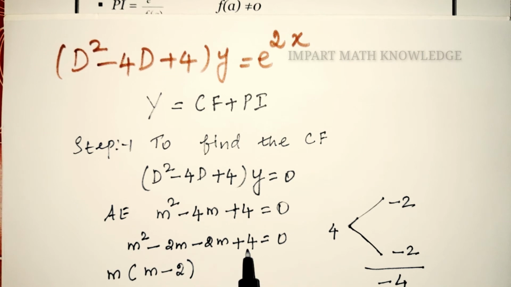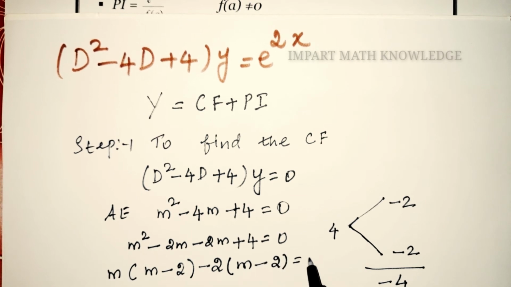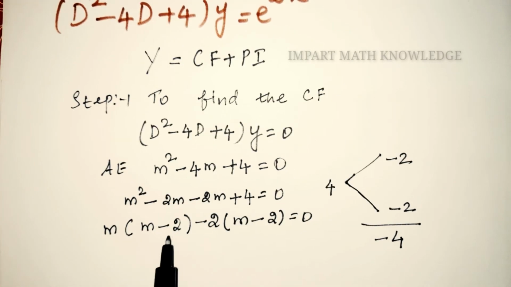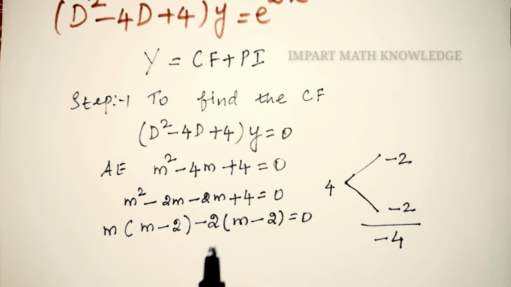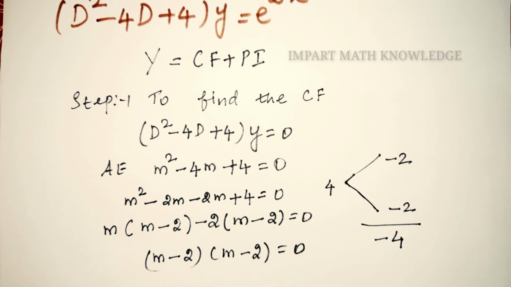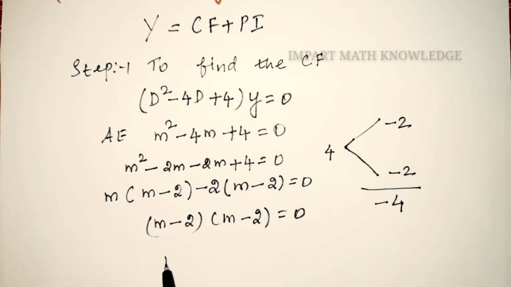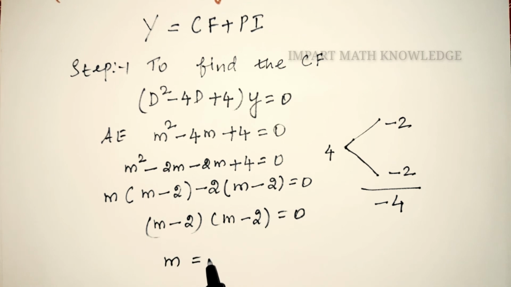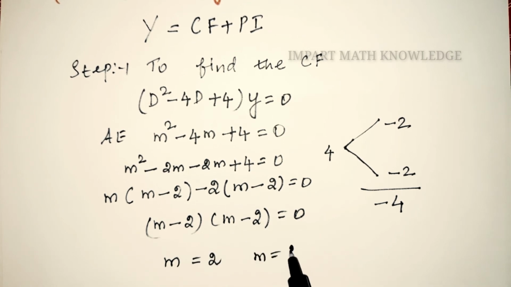In the third and the fourth term, minus 2 is common, take it outside: m minus 2 is equal to 0. Make sure that these two terms should be equal. m minus 2 into m minus 2 is equal to 0. So, m is equal to 2, m is equal to 2.